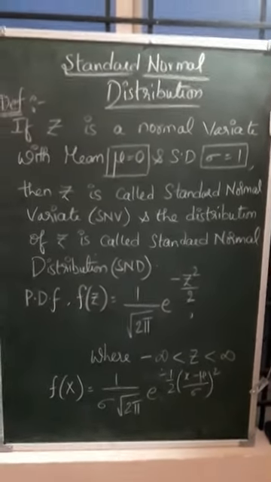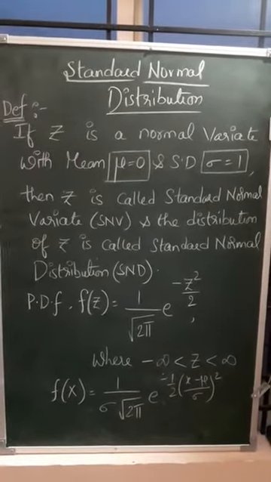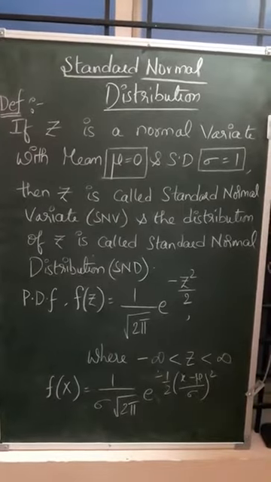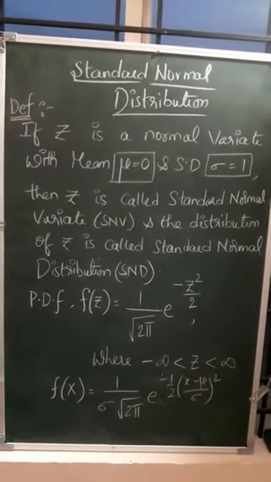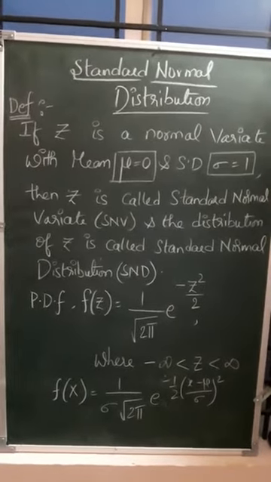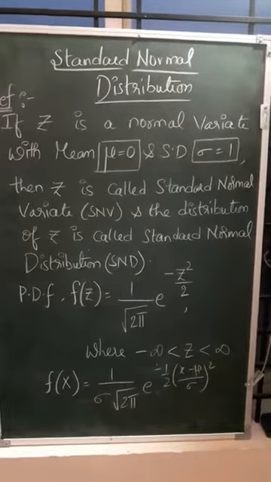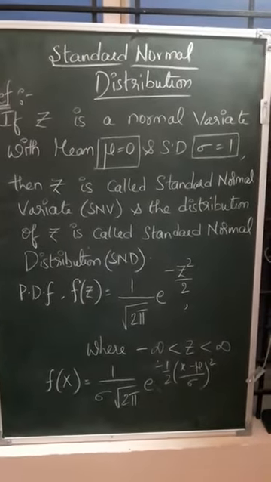Therefore x follows the standard normal variate Z. Now after substituting x minus mu by sigma as Z, that will become e power of minus 1 by 2 into Z square. So together I have written f of Z equals 1 by root 2 pi e power of minus Z square by 2, where Z ranges from minus infinity to plus infinity.